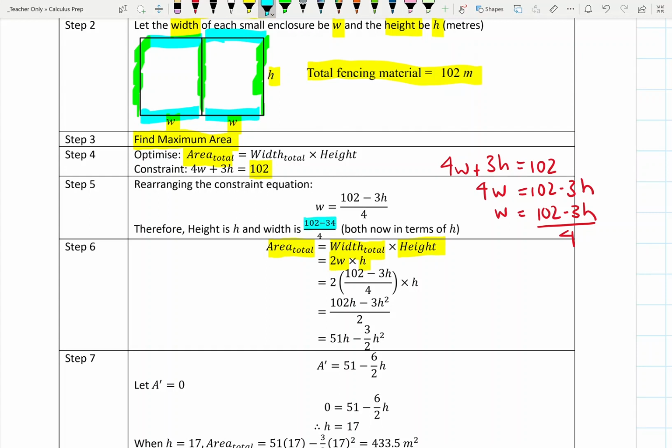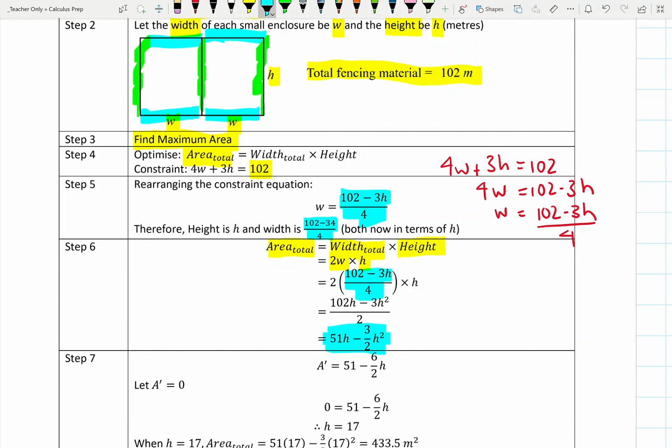We calculated it up here, (102 minus 3h) on 4. So we substitute it in there. And you can see now that we've got a single equation for area with a single variable, which is height. So all we do from there is tidy it up and simplify it, and we're left with 51h minus 3 on 2 h squared as our total area.